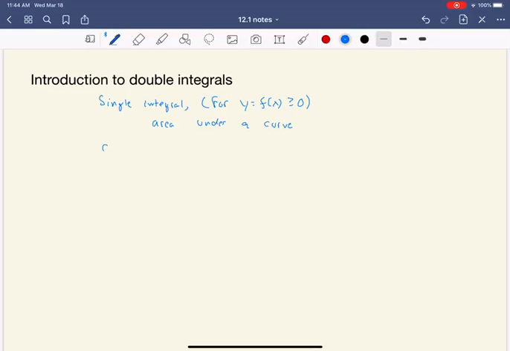Well, a double integral, with the caveat for z equaling f of x,y greater than or equal to 0, can be thought of as the volume under a surface.